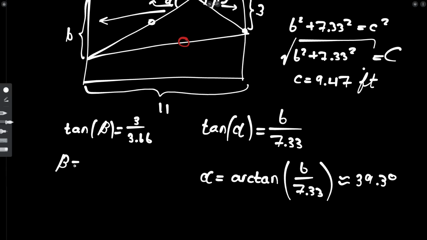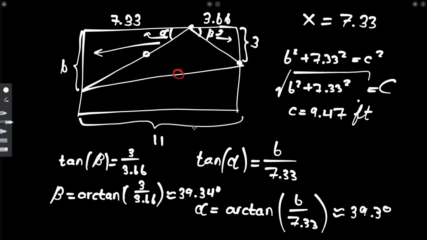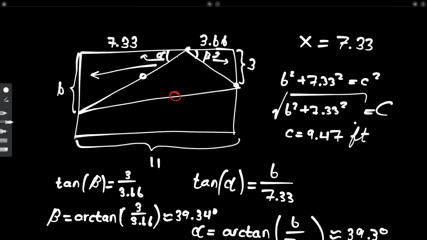That gives us beta equals arctangent of 3 over 3.66. And this gives us an angle of approximately 39.34 degrees.